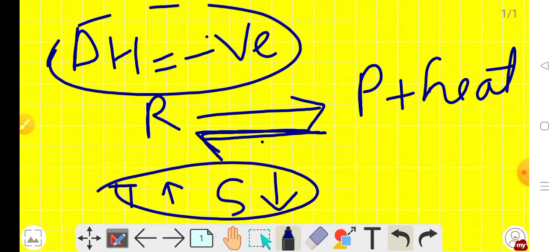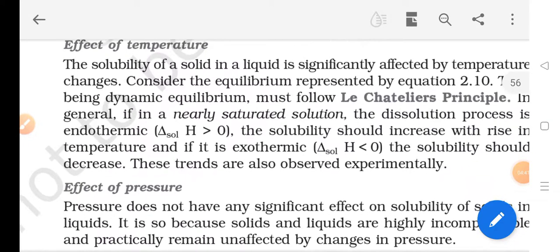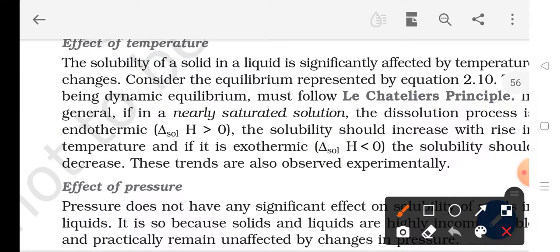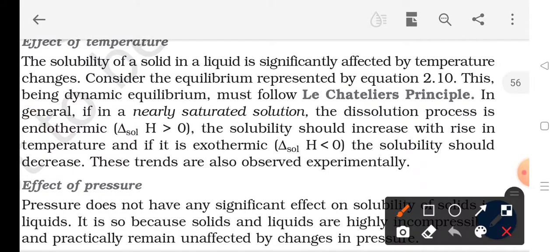Okay, so now I am going to our chapter. Here these things are written: when the process is endothermic, that means ΔH is greater than 0, that means ΔH is positive, the solubility should increase with rise in temperature, which I already told.